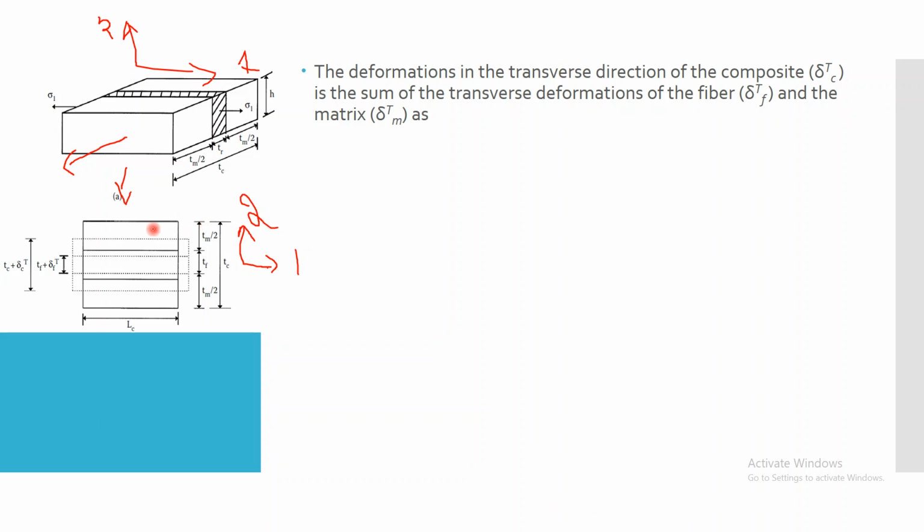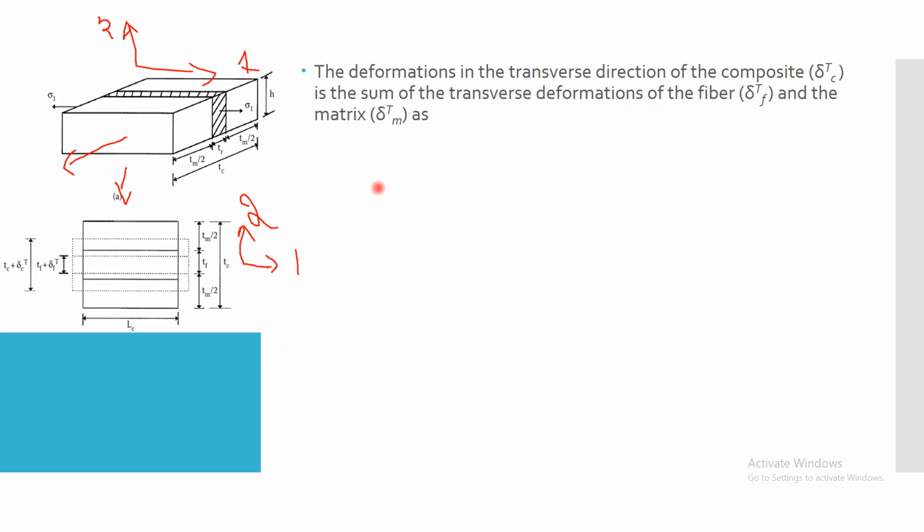Delta C is the deflection in the transverse direction of the composite. That should be equal to the deflection of the fiber in the transverse direction and deflection of the matrix in the transverse direction. Okay, so that's why superscript is also given in terms of T. So you need to take care of that.